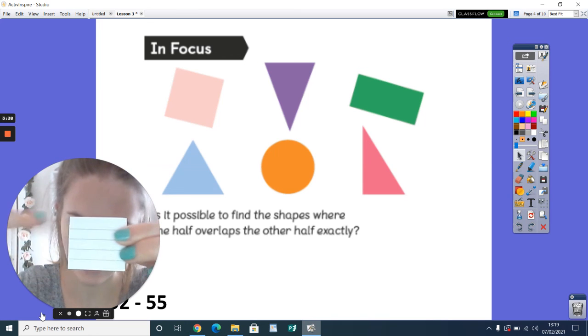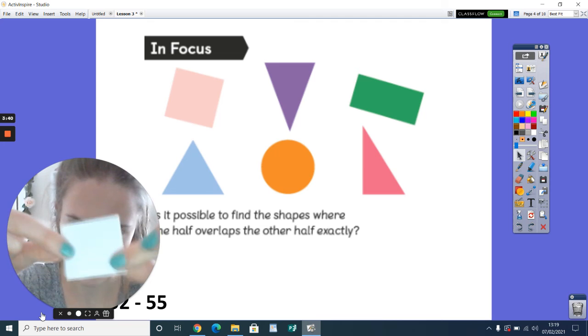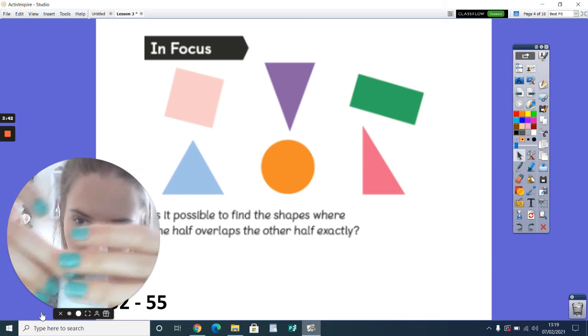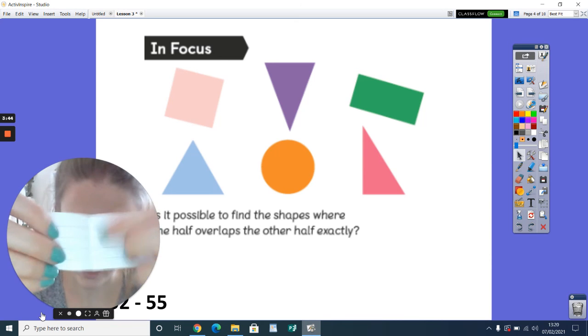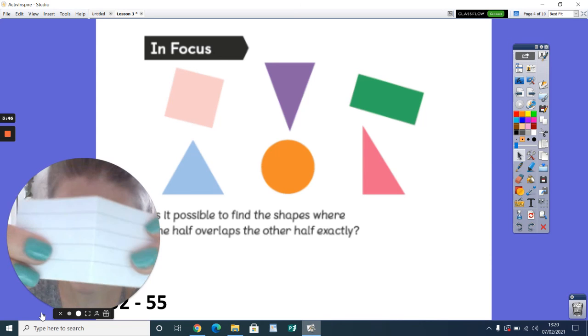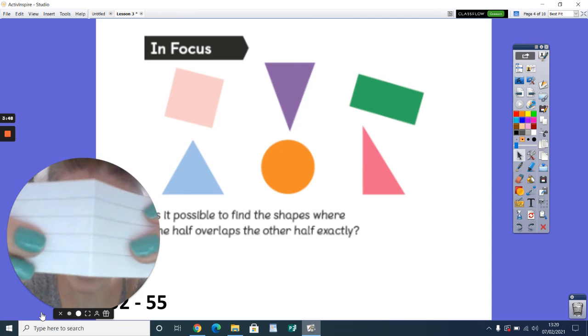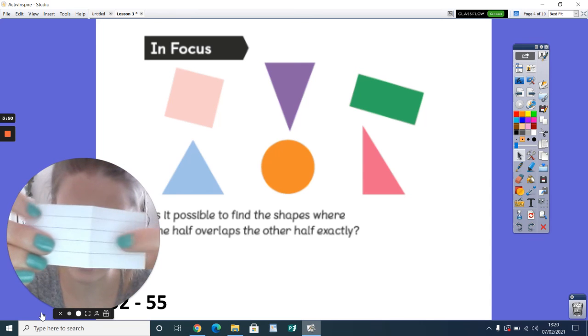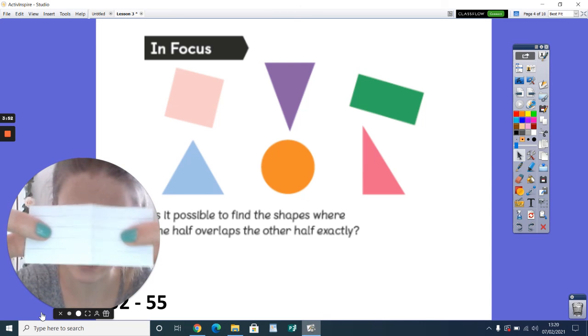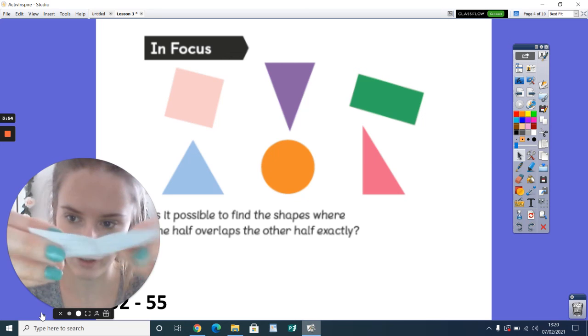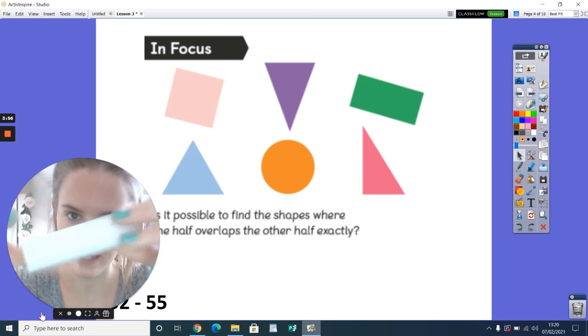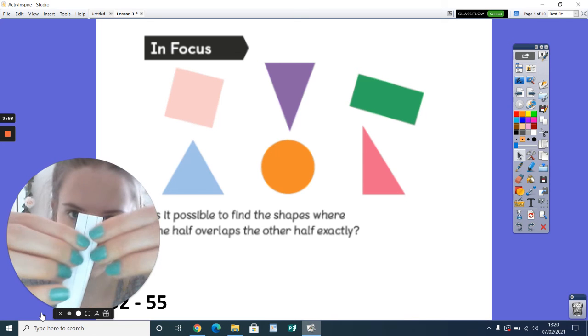There's no bits hanging over. They overlap exactly. And that means that that fold down the middle is our line of symmetry because this side is identical to this side. Okay, I wonder if it's got another line of symmetry. Let's see. I'm going to fold it this way this time.